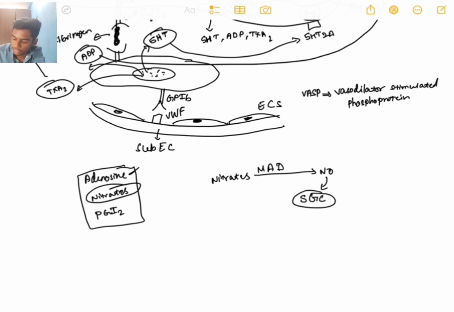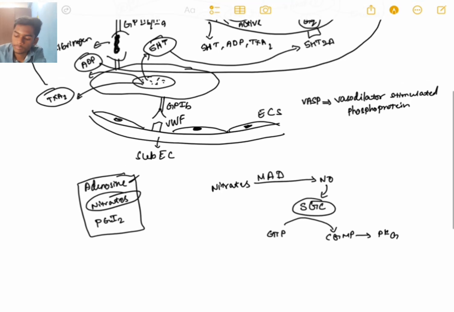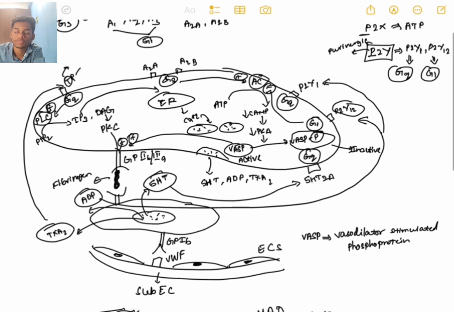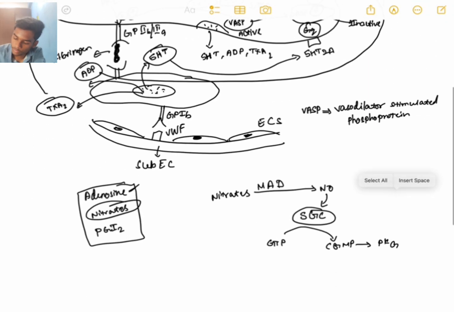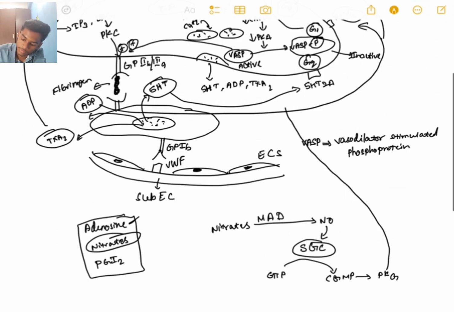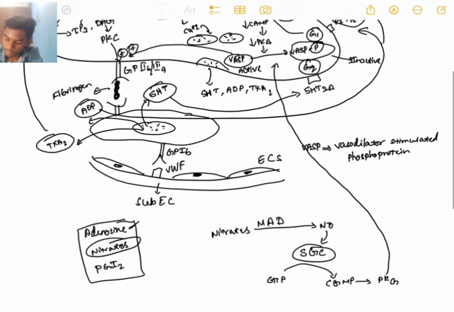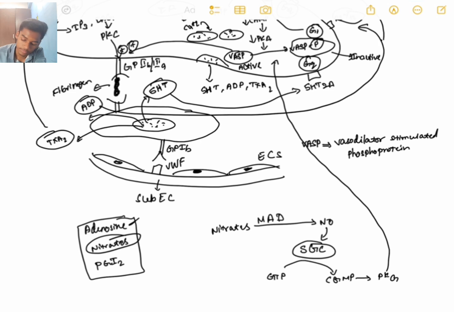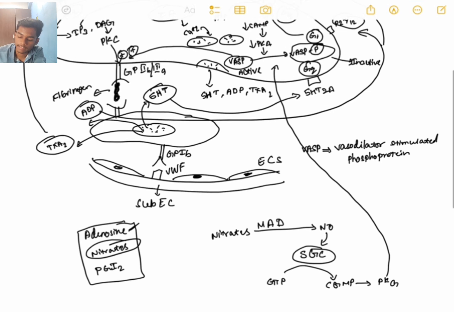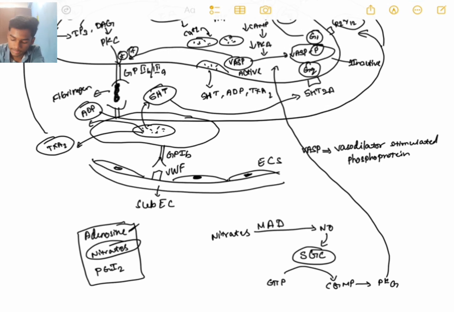Soluble guanyl cyclase is activated. Now it will convert GTP into cyclic GMP. Now it will form protein kinase G. In a similar way to how protein kinase A phosphorylated VASP, protein kinase G will also phosphorylate this VASP. So when VASP is phosphorylated, there will be inhibition of platelet aggregation. So this is how adenosine inhibited platelet aggregation, and nitrates also inhibit platelet aggregation.